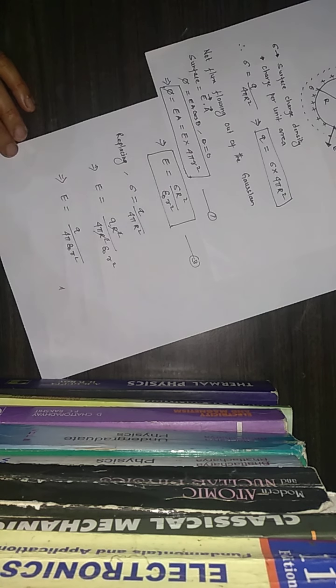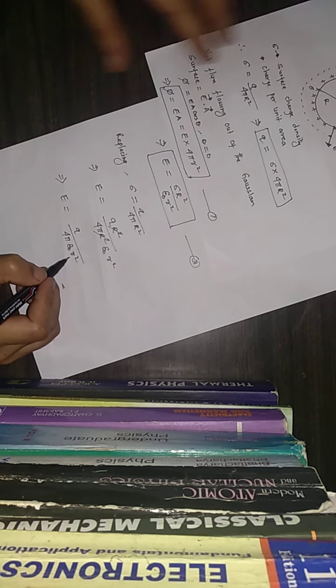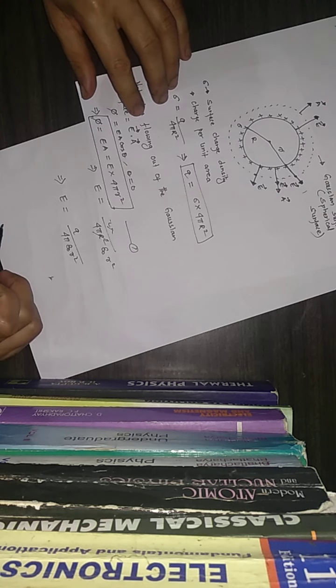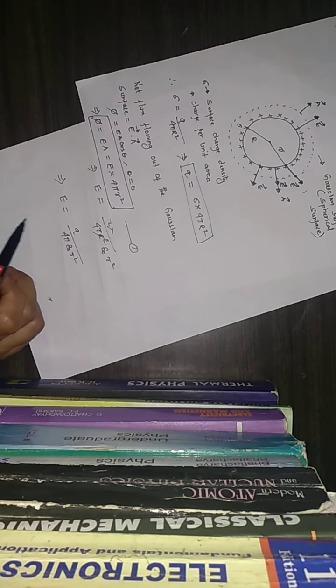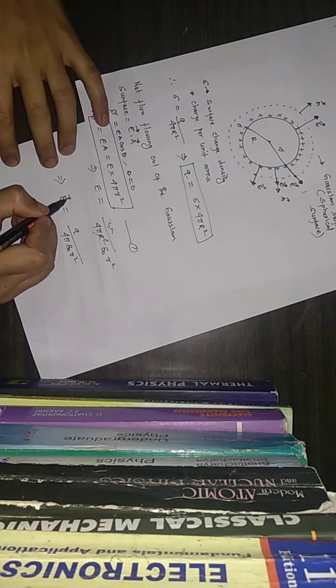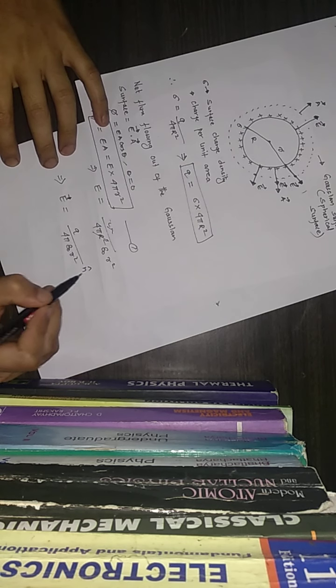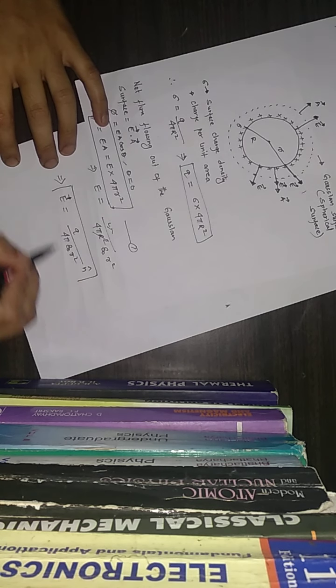So this is the value of the electric field due to a shell at a point outside the shell, and the direction will be normal to the area vector itself.